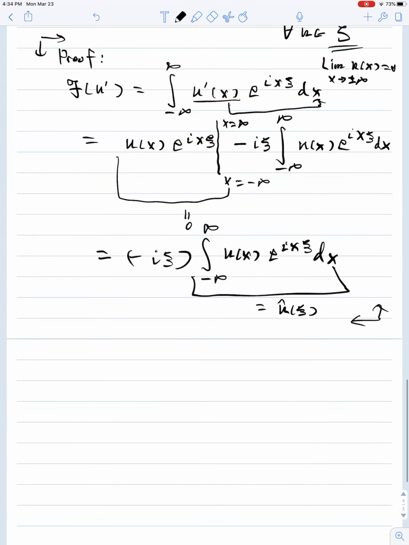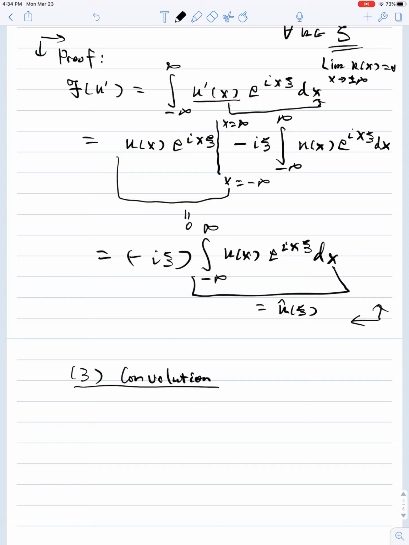Now, if you recall what we learned for the Laplace transform, another property that's useful when we're trying to use the Laplace transform to solve a differential equation is the convolution property. So let's recall the convolution property.